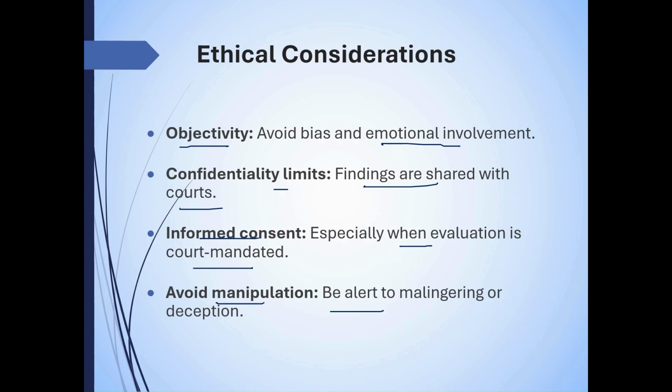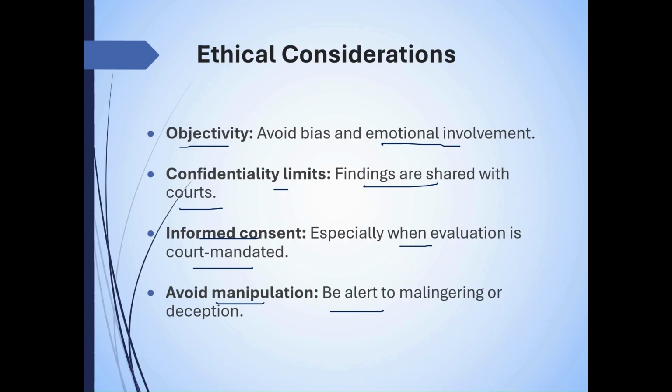So, to sum up this unit, we know that the forensic assessment is the bridge between psychology and law. It helps judges make informed decisions about the mental state, responsibility and risk, whether the person should be sent for treatment or the person should be punished, right? And the methods that are used include interviews, tests, behavioral observations and collateral reports.